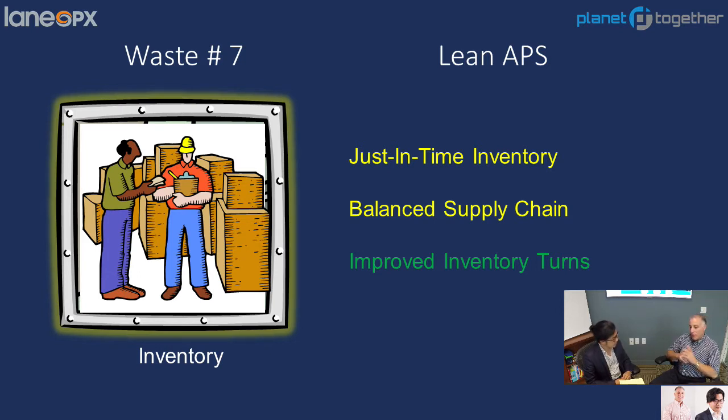And this advanced machine shop that we're working with, we're providing reports from the PlanetTogether system to the suppliers so they can be better aligned with the supply they have to provide, because inventory not only is a problem if you have too much, it's a problem if you have too little.